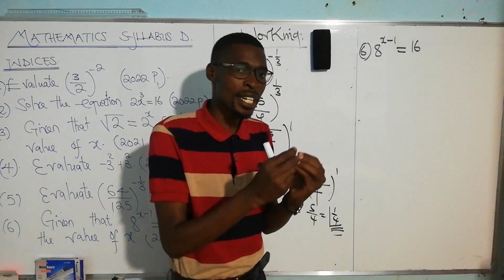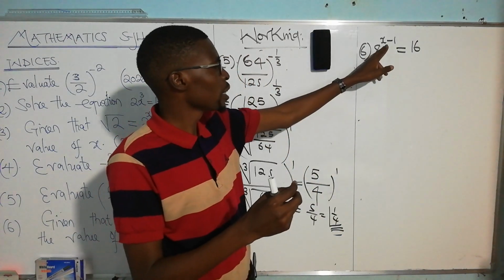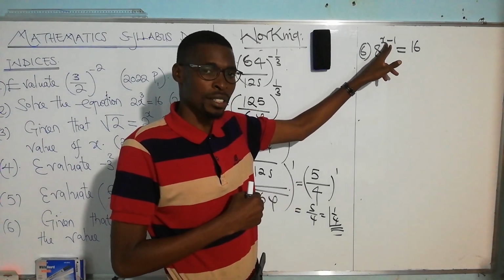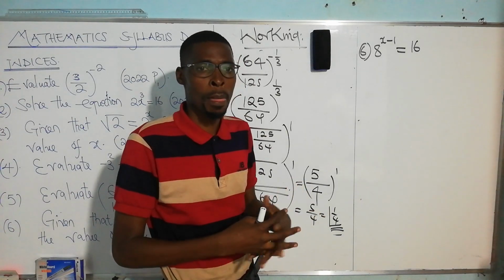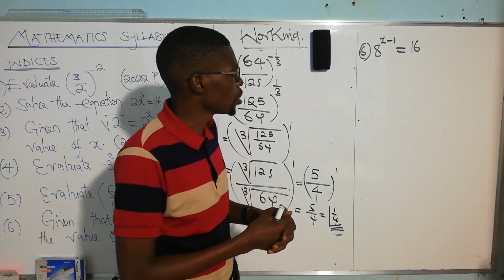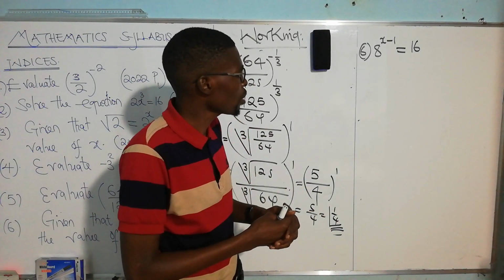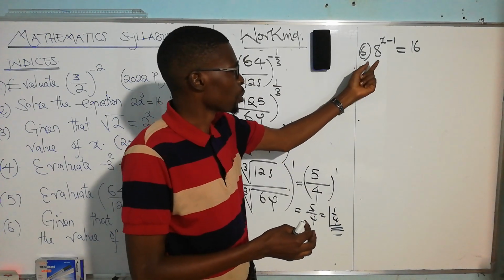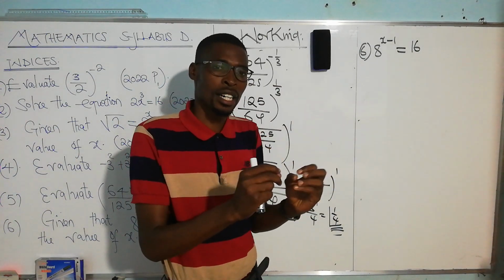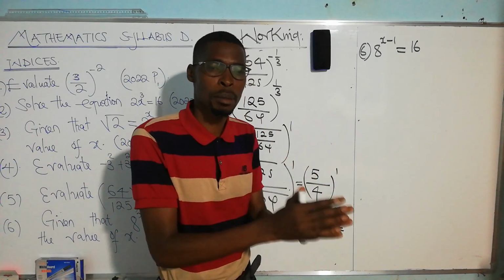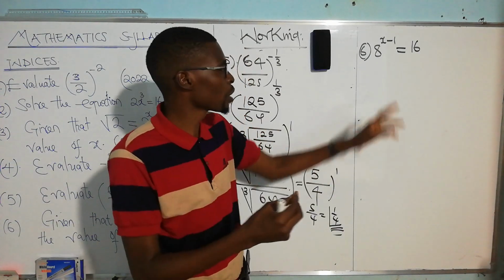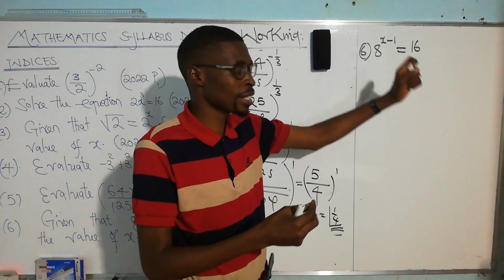So, when the unknown is the exponent, and the bases are different, we have to strive to write the bases as indices having the same base. So we have to look for the common base of 8 and 16.